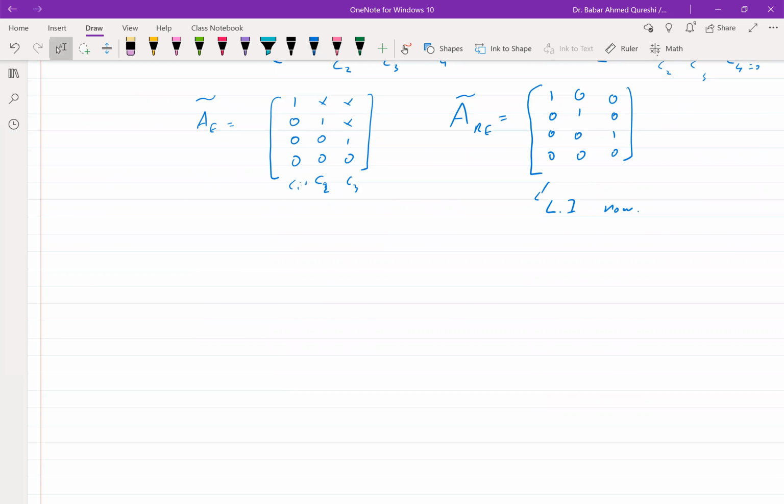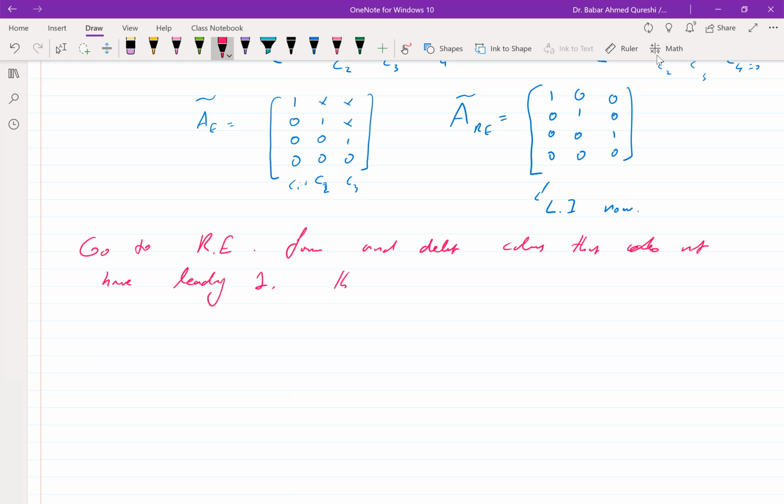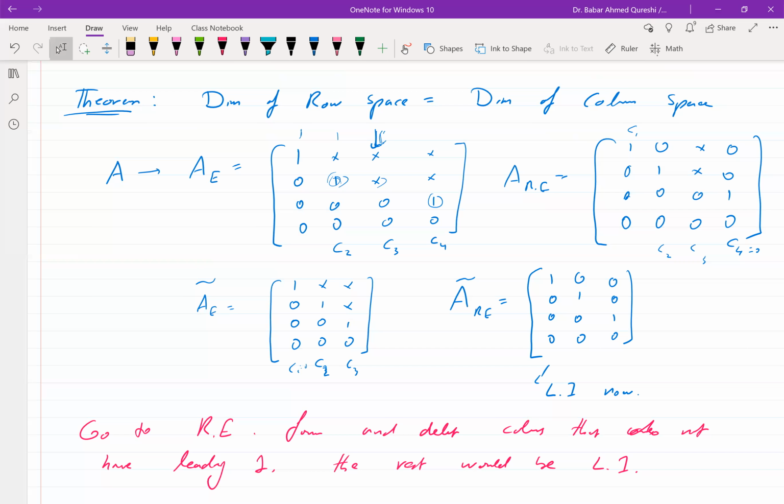So go to reduced echelon form and delete columns that do not have a leading one. The rest would be linearly independent.